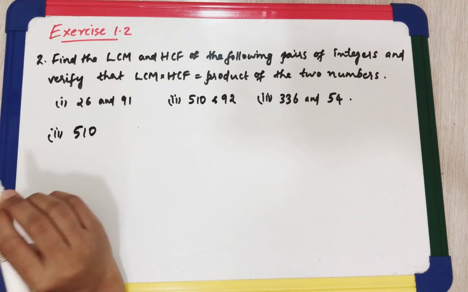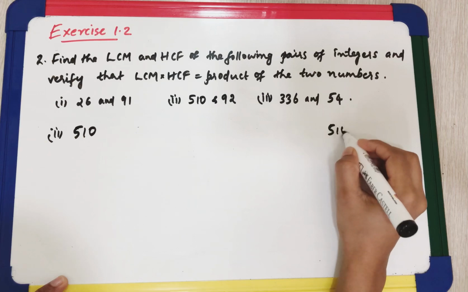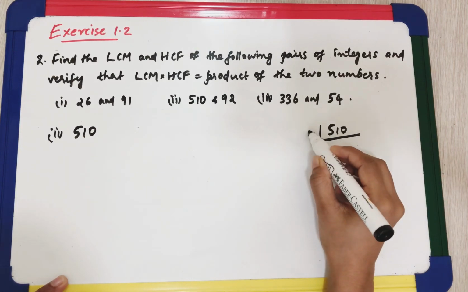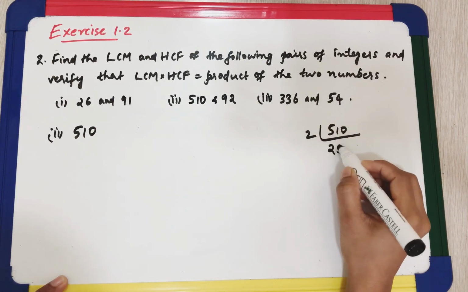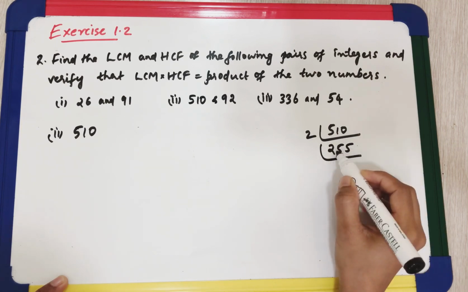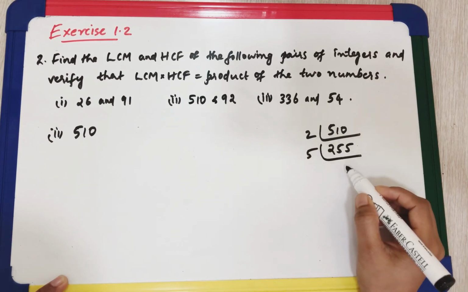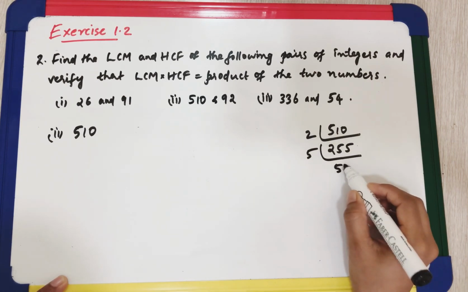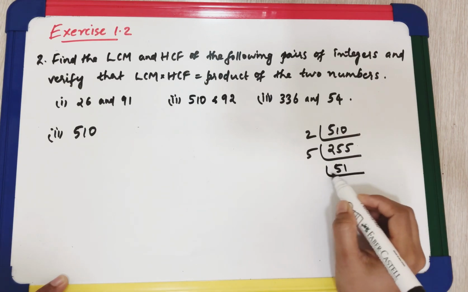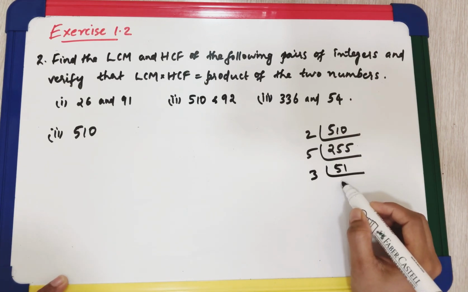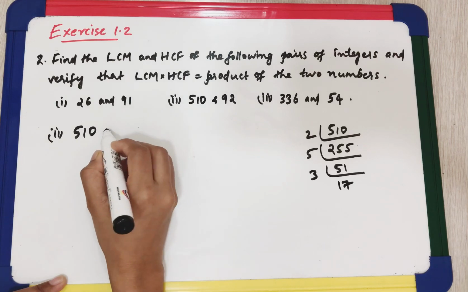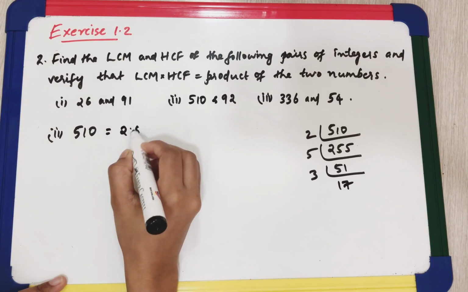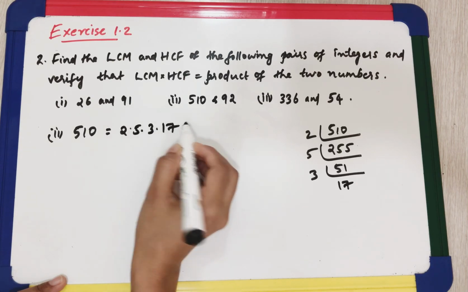510 and 92. The prime factorization of 510 is, the least prime factor is 2. 255. Here the least prime factor is 5, which gives 51. Here the least prime factor is 3, which gives 17. 510 can be written as 2 into 5 into 3 into 17.